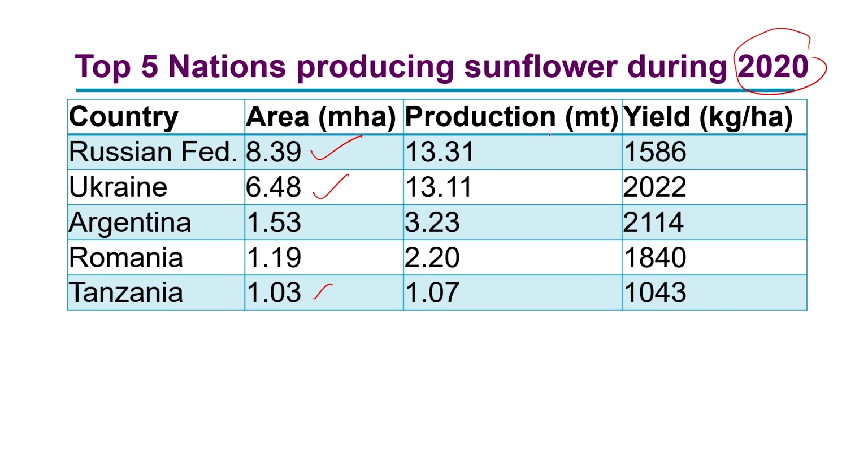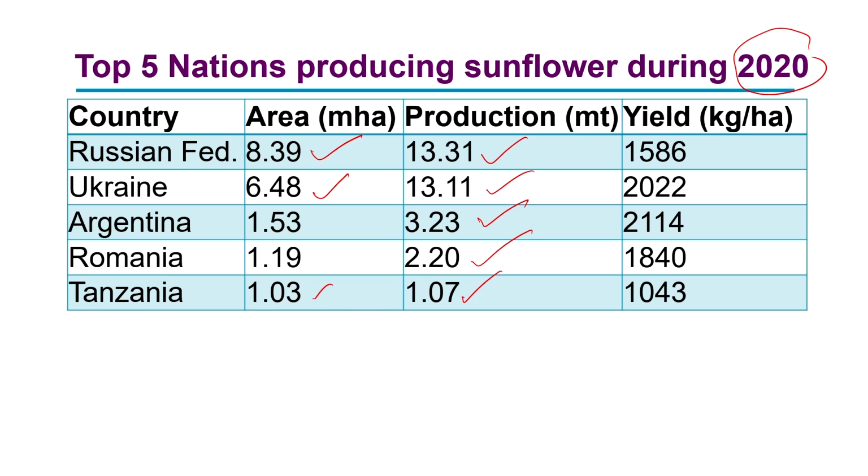So far as production is concerned, the Russian Federation had the highest production of 13.31 million tons, followed by Ukraine 13.11 million tons, and then Argentina 3.23 million tons, Romania 2.2 million tons, and Tanzania 1.07 million tons.